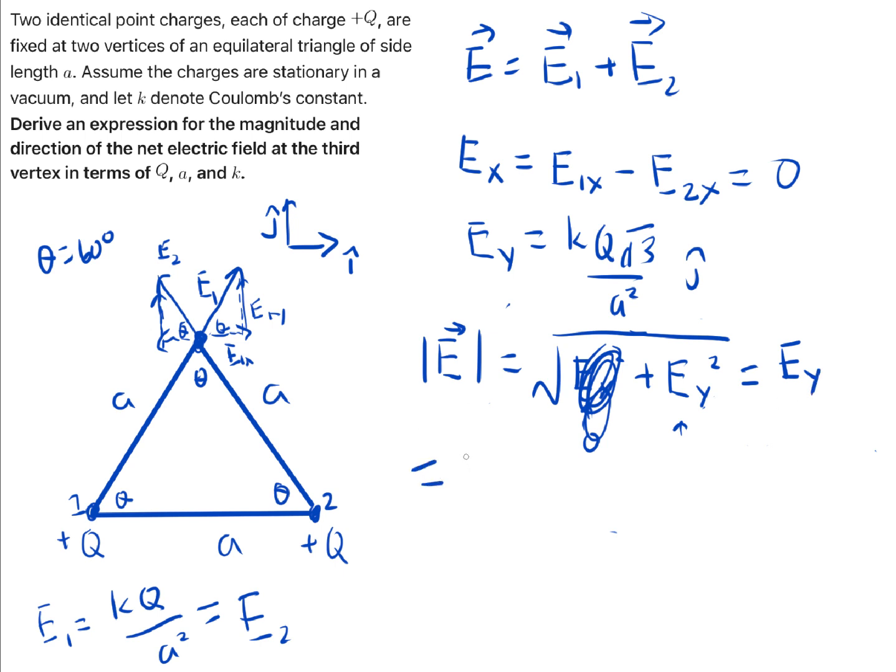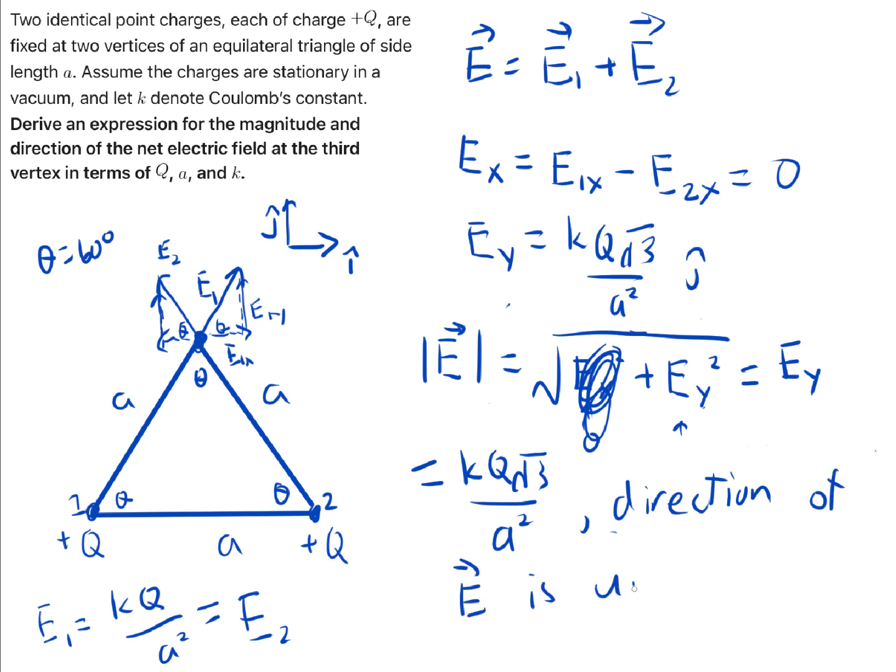So the magnitude is kq times the square root of 3 over a squared. And the direction of the net electric field is upwards, in this case, in the j hat direction, or the positive y direction. And that is how you would solve this problem here.